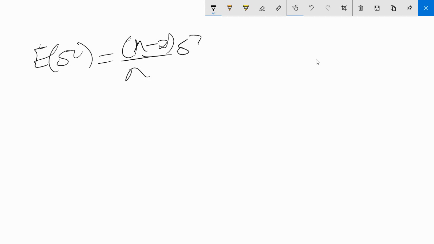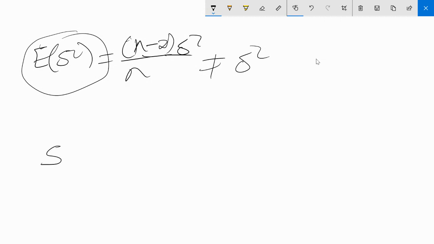So at the end of the day, we have the expected value of s squared, which is equal to 1 over n, n minus 2, sigma squared. This is not equal to sigma squared. Therefore, this is biased.